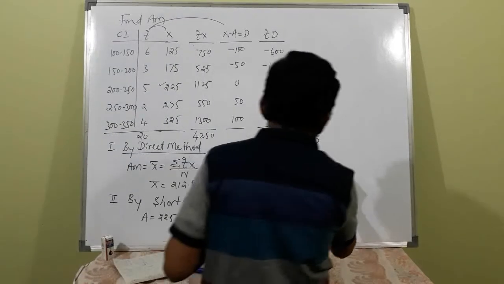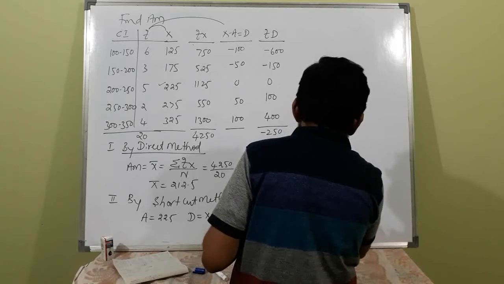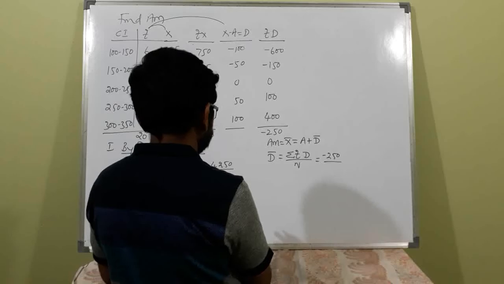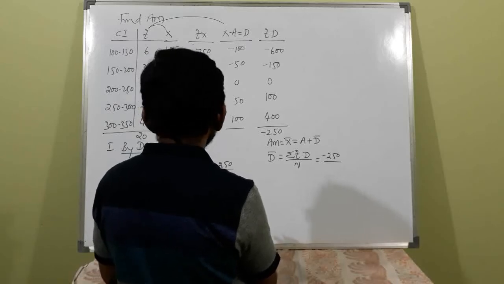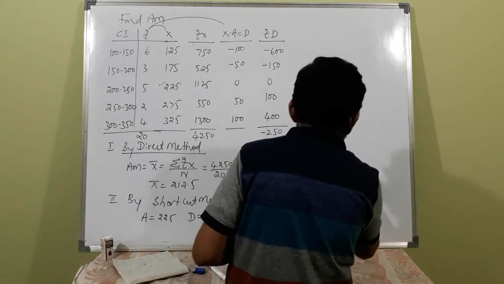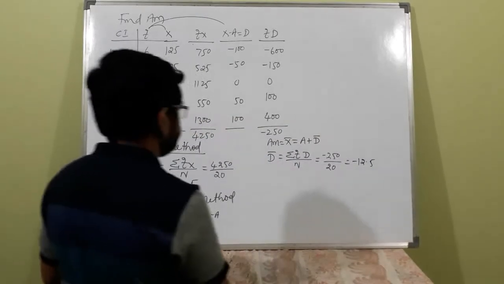So minus 250 divided by N is how much? 20. It is minus 12.5.